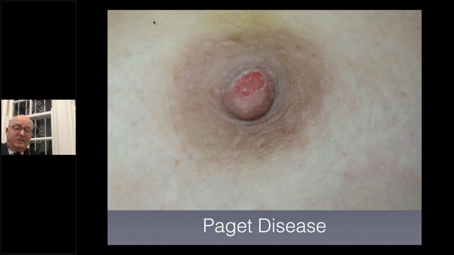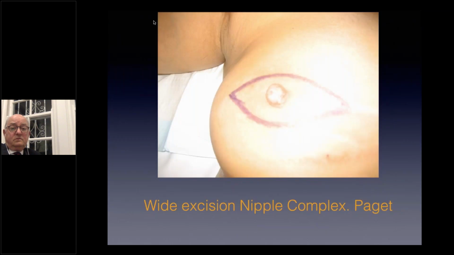When you have eczema involving the areola, that's generally not Paget's, and that's much more likely to be a benign eczema, such as dermatitis spongiosum, which will settle quite quickly with topical steroid application. But this situation where the nipple is actually involved is a different story.